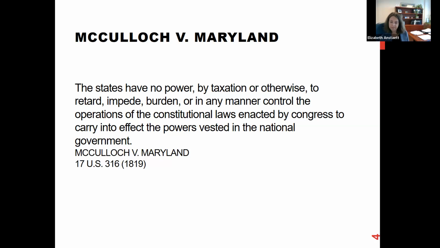So, right back in the 1800s, we were establishing the supremacy of federal law in regard to national banks. And so that will be important as we look at compliance obligations of national banks.